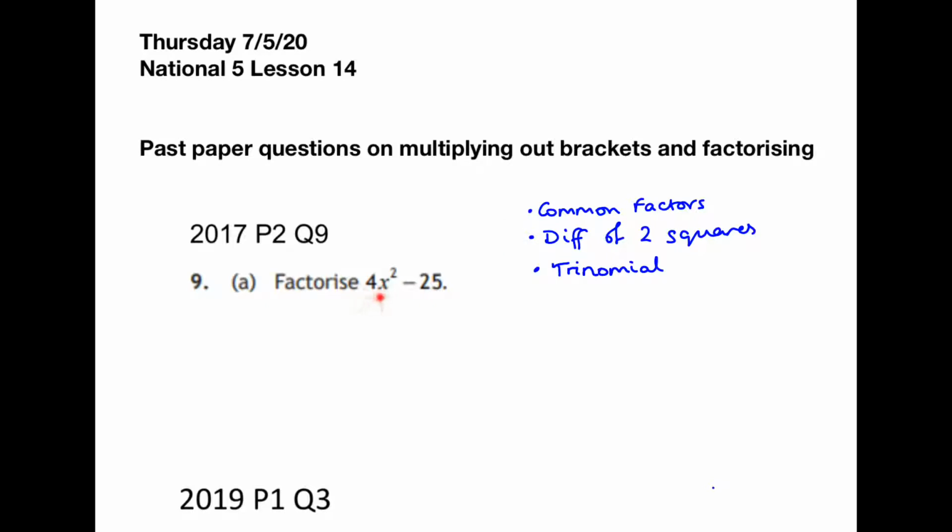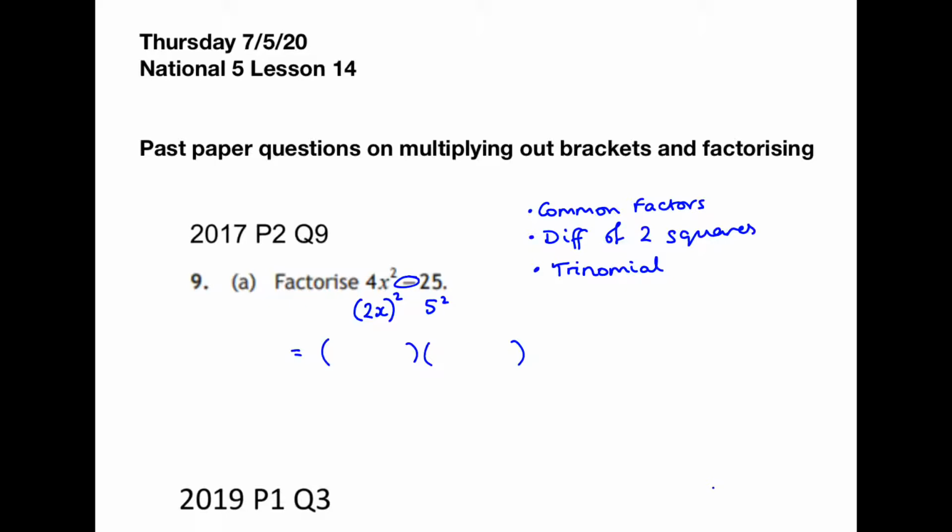So 4x squared, so 4 is a square number and 25 is a square number. Remember 4 comes from 2 squared and x squared is x squared, so that's 2x squared, and this is 5 squared. So remember, we factorise this into 2 brackets when we've got a difference of 2 squares. The difference means it has to be a minus there, and we've got 2 squared terms.